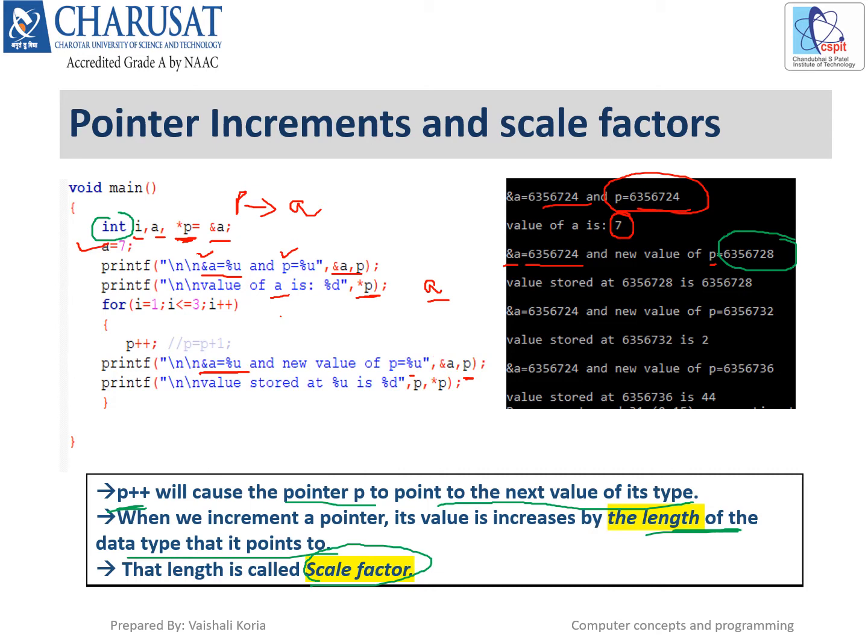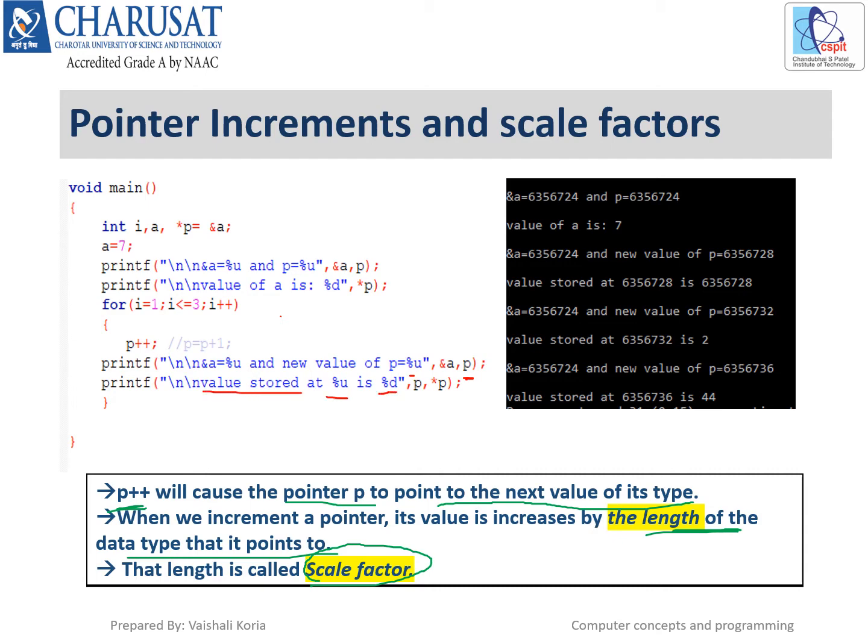Now we have seen that after P plus plus, the new value of P is 6356728. Now in the next printf statement, the value stored at percentage u is percentage d. That means in place of percentage u we print the value of P, and in place of percentage d we print the value of star P, the value stored at this address.